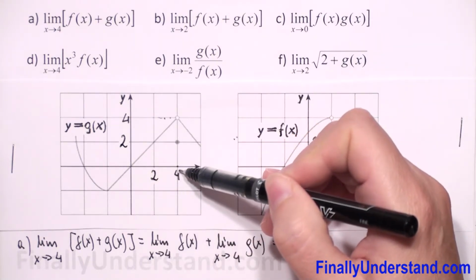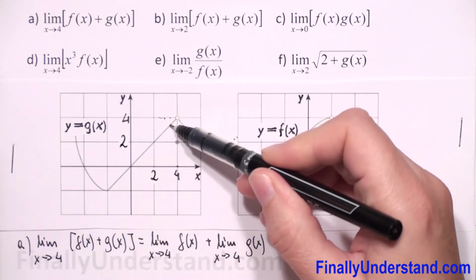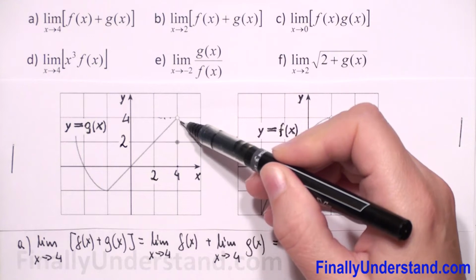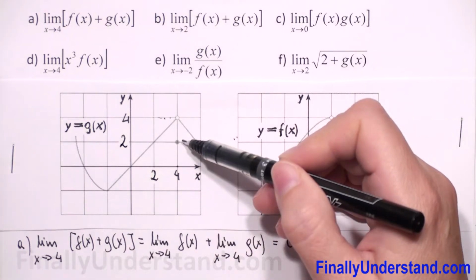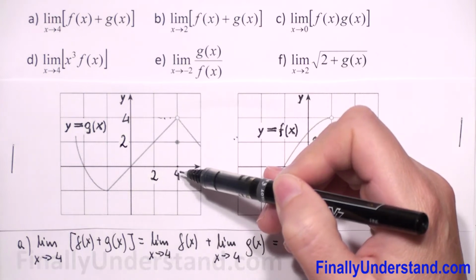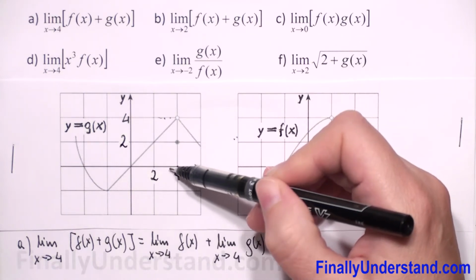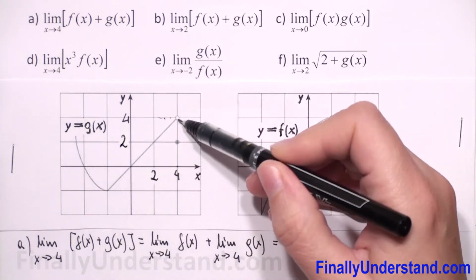We have to find the limit as x approaches 4 of our function g of x, not when x is equal to 4. The definition of the limit as x approaches 4 of g of x says that we consider values of x that are close to 4. They're close, but not equal to 4.